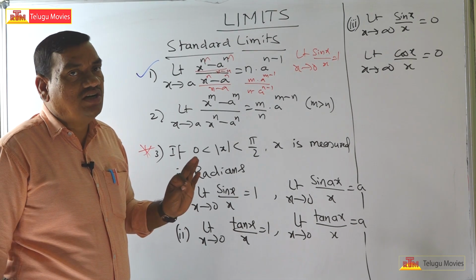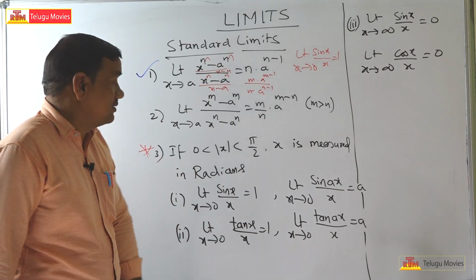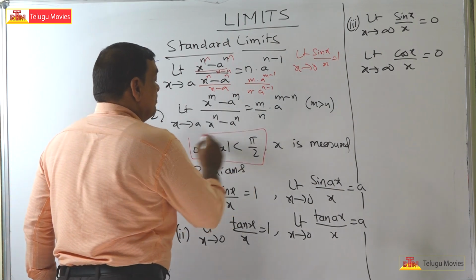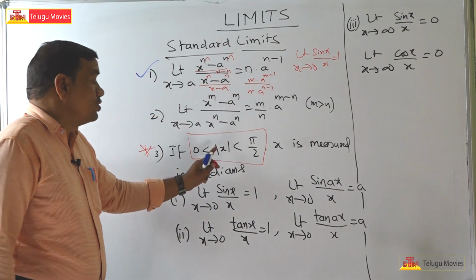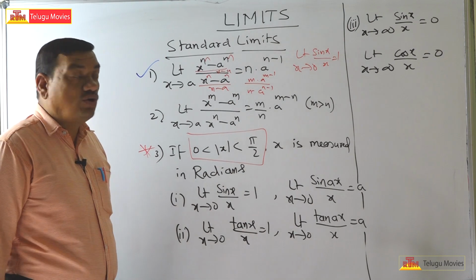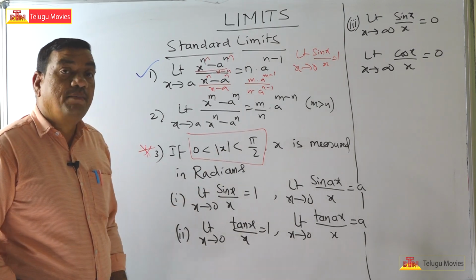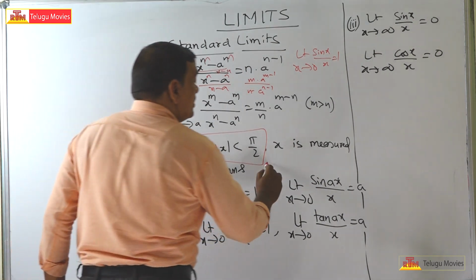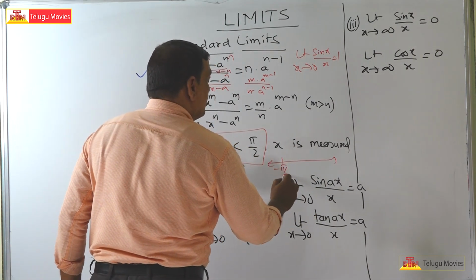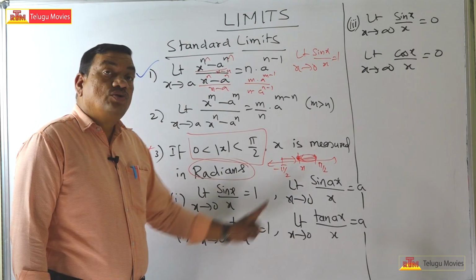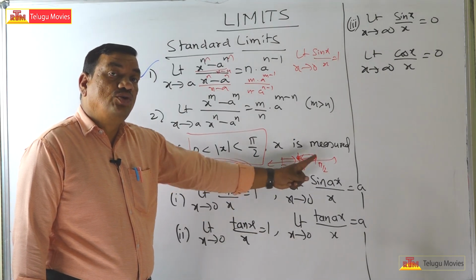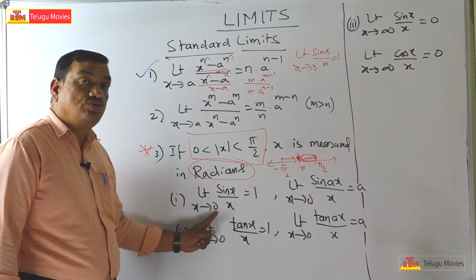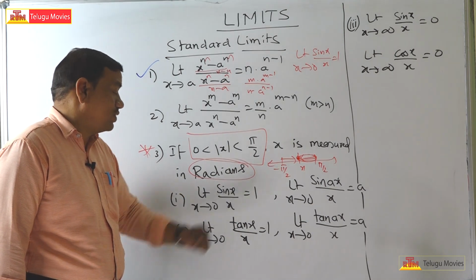It is not measured in degrees. It should also lie in a range: modulus of x should be greater than 0 and less than pi by 2, that means x lies between minus pi by 2 and plus pi by 2. So x should be measured in radians; only then limit x tends to 0, sin x upon x is equal to 1.